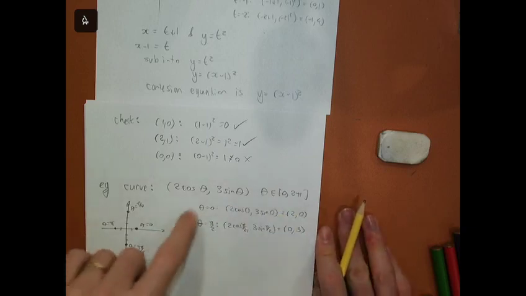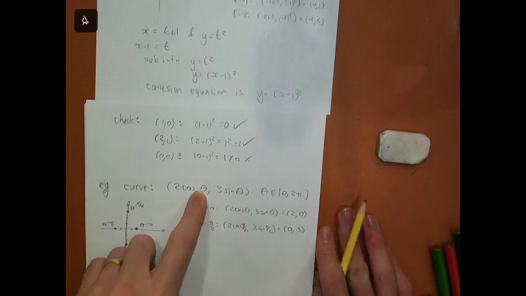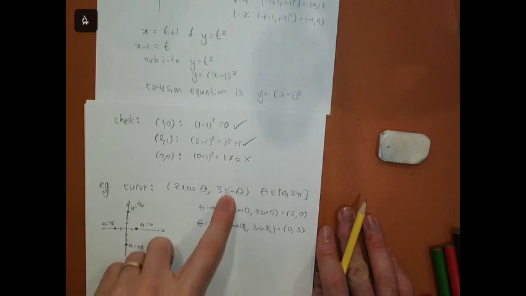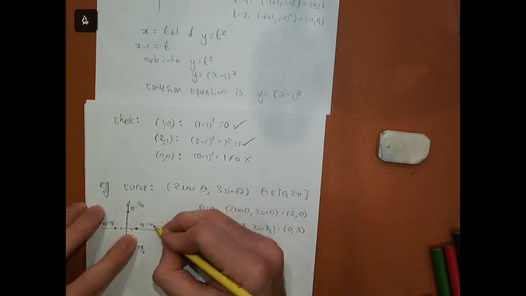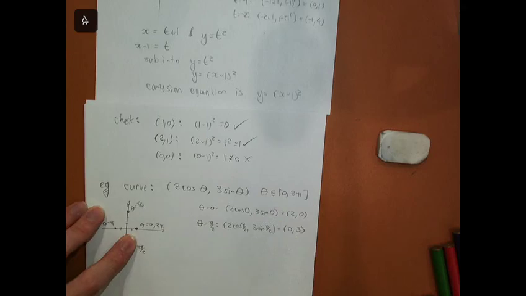At 2 pi, cos 2 pi is 1, so we get a 2, and sine 2 pi is 0, so that'll give us back to the beginning again. So my curve links up to where it started. That's great. And I'm presuming it's going to fill in the gaps in between them in some way.